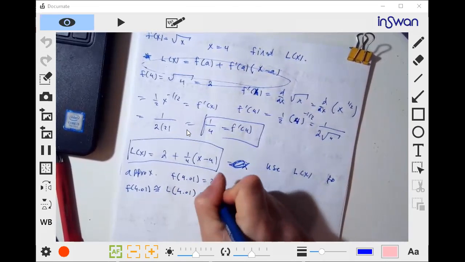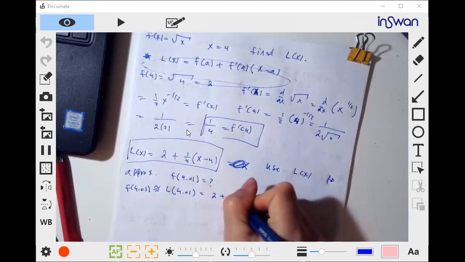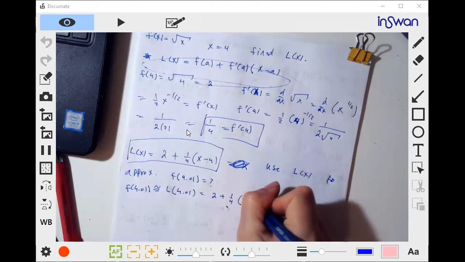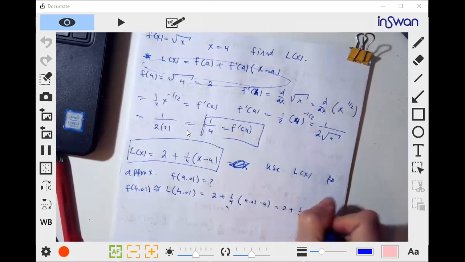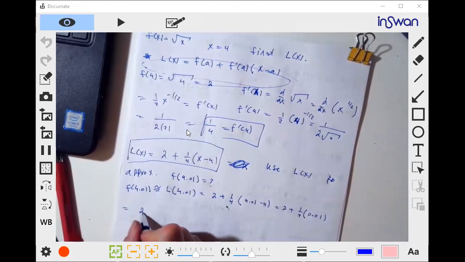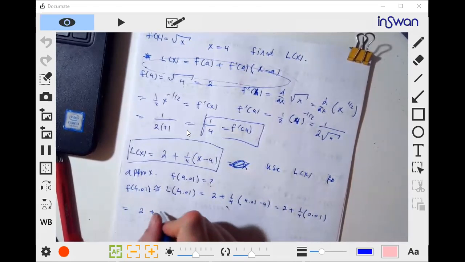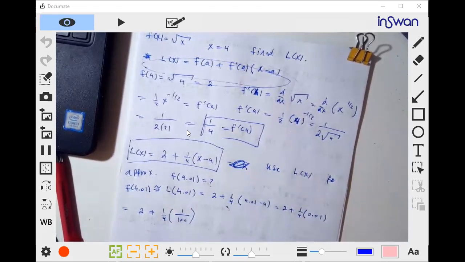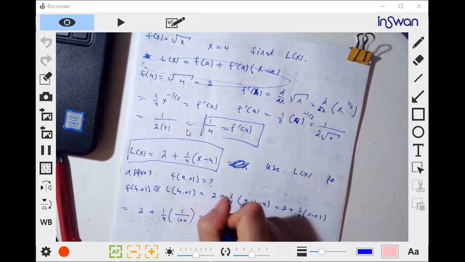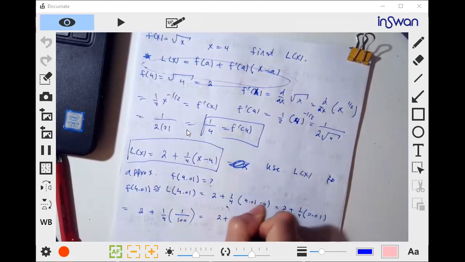So then this becomes 2 plus 1 over 4 times 4.01 minus 4. So this becomes 2 plus 1 over 4 times 0.01. So this becomes 2 plus 1 over 4 times 1 over 100. So this is 2 plus 1 over 400.